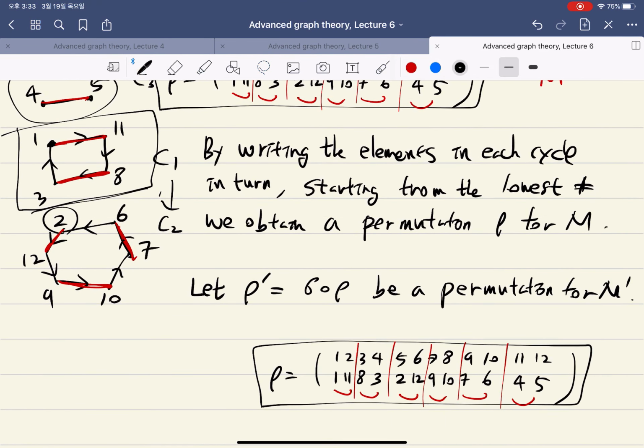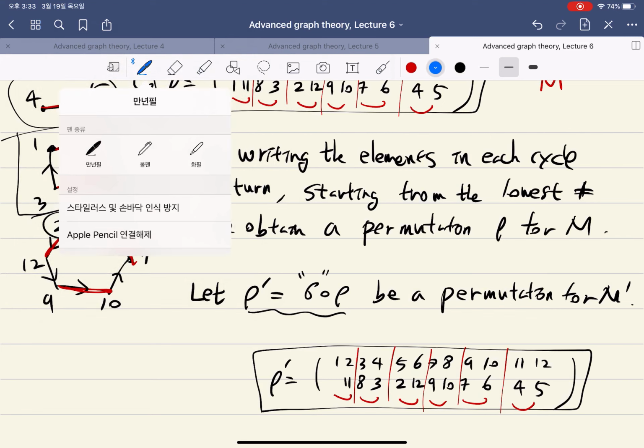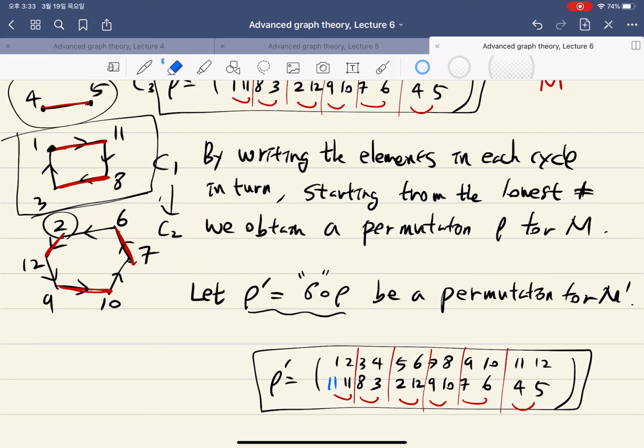What's rho prime? Rho prime is, if you apply this sigma, then this 1 goes to 11, and 11 goes to 8. 8 goes to 3. 3 goes to 1. So these edges are now shifted to these edges.